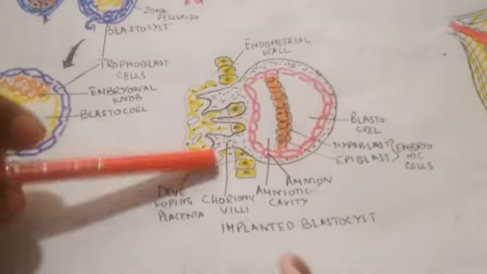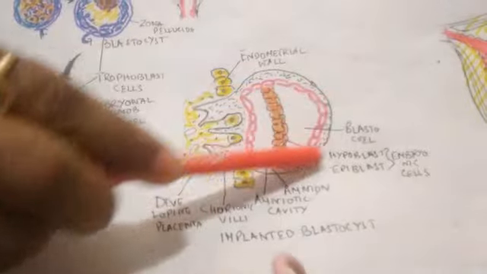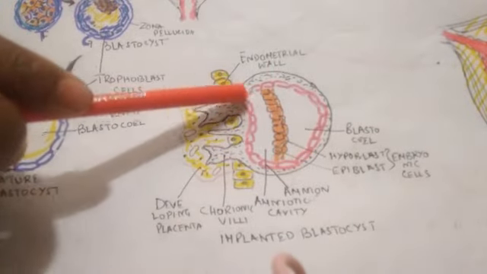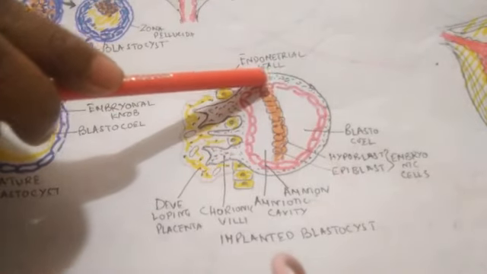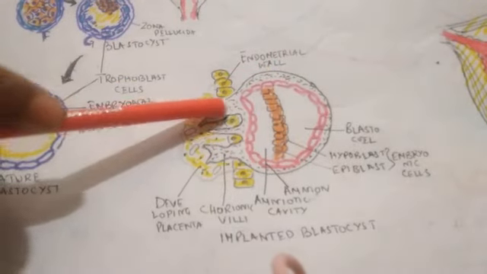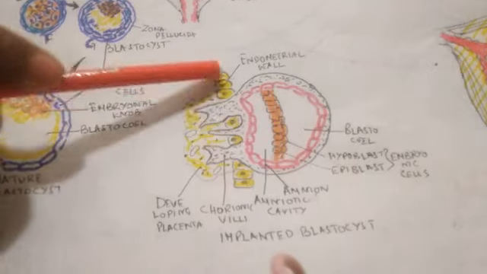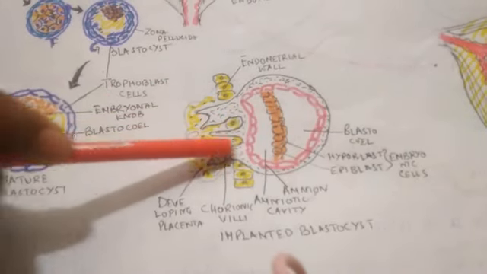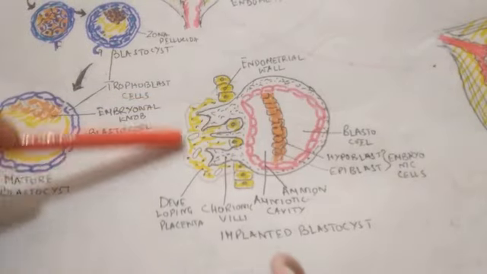Here you can see this is the embryo, and this outer trophoectoderm forms the chorion, forming chorionic villi. This is the endometrial wall, and the chorionic villi enter the endometrial wall, forming the placenta.